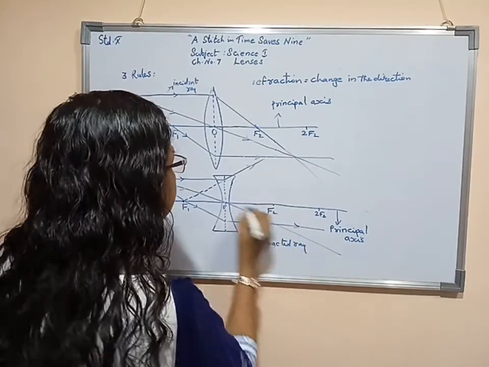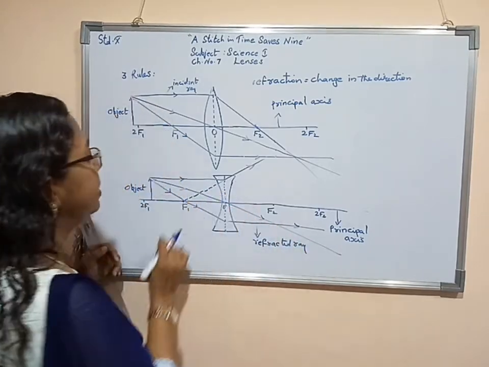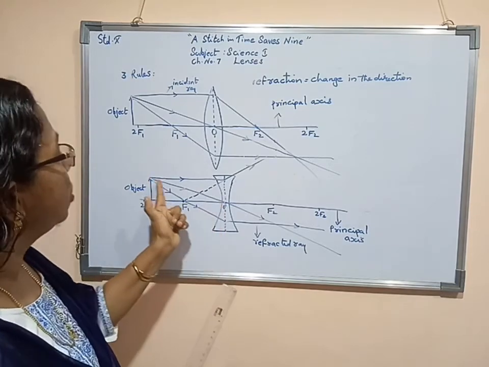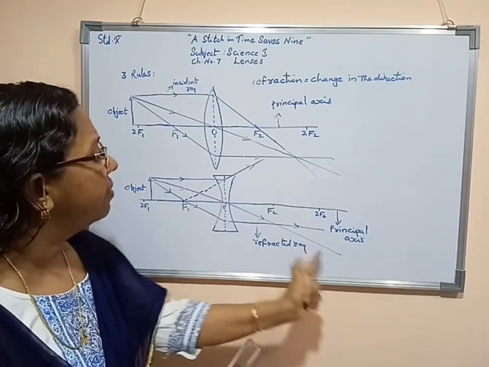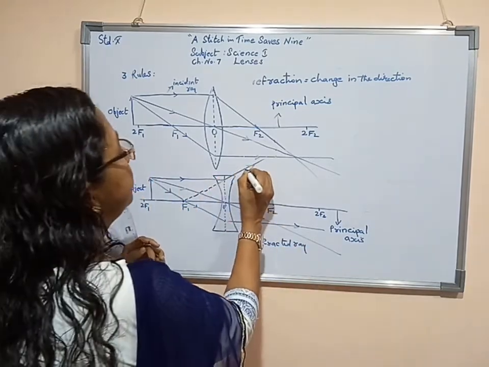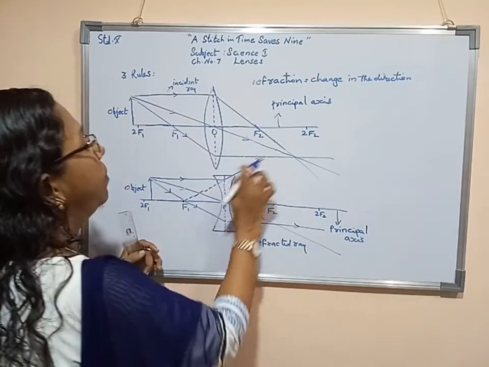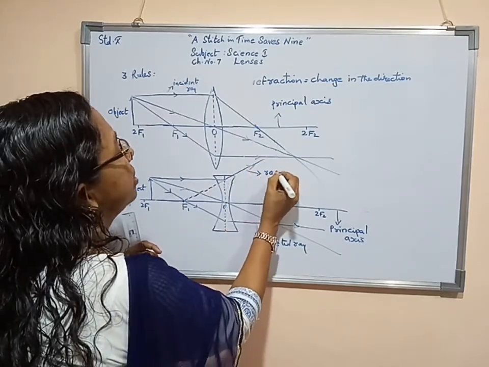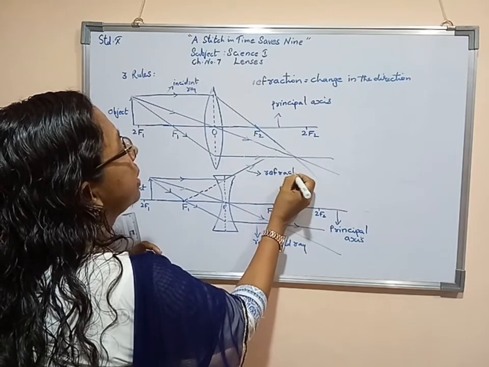This is the straight line traveled. Here after hitting, the path changed. So this is known as the refracted ray.